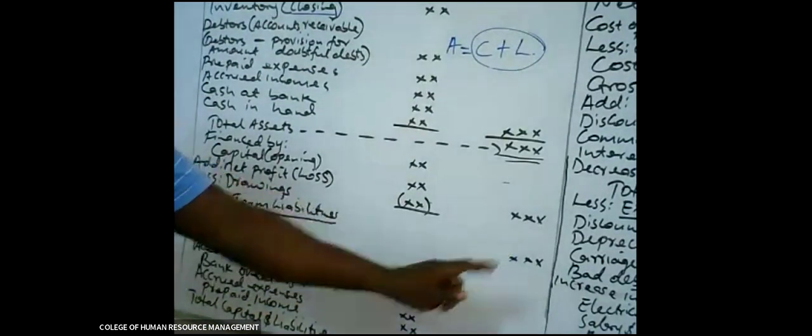If the business had long-term liability, for the sole trader, the long-term liability is normally the bank loan. Capture it there. And then you finish by capturing the current liabilities. What we owe the suppliers or the creditors, also known as the accounts payable, the bank overdraft, accrued expenses, prepaid incomes, you add all of them, the total current liabilities.